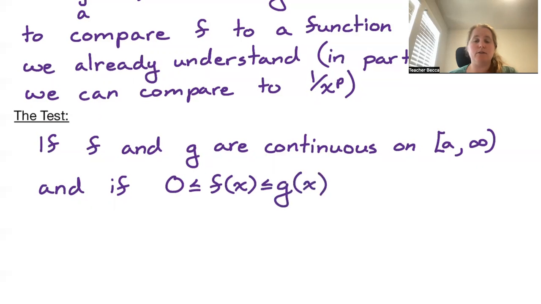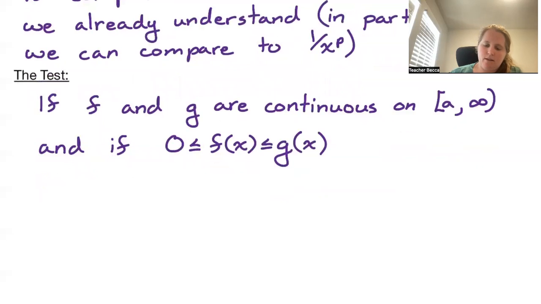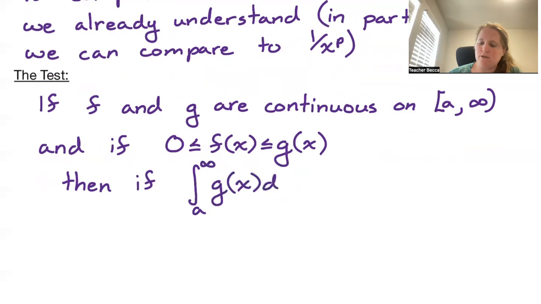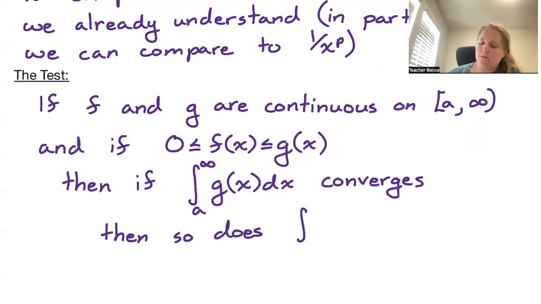So in other words, f is trapped below g. Then if the integral from a to infinity of g of x dx converges, then so does the integral from a to infinity of f of x dx.